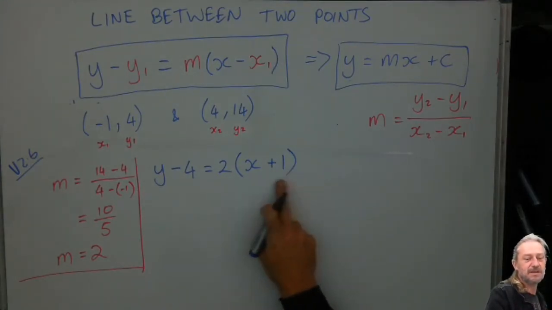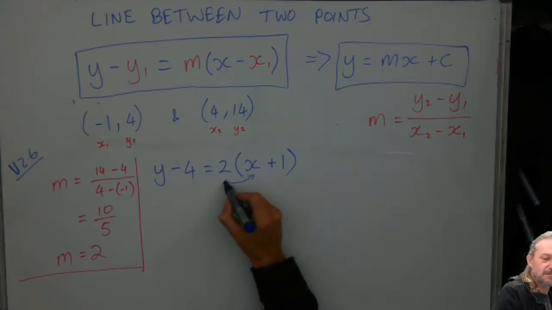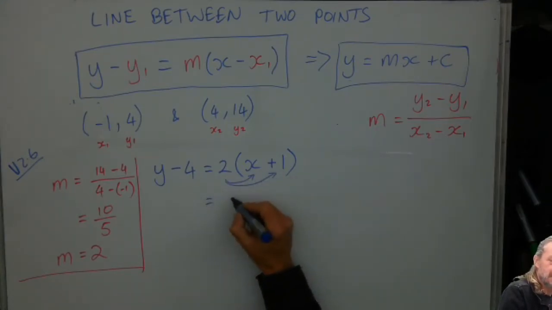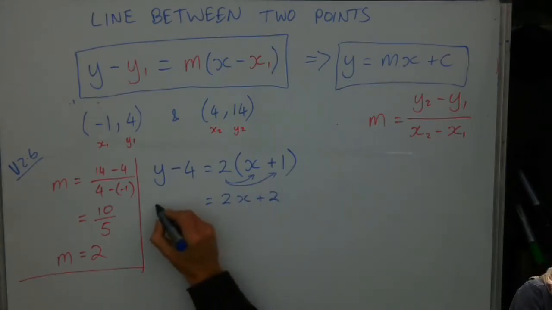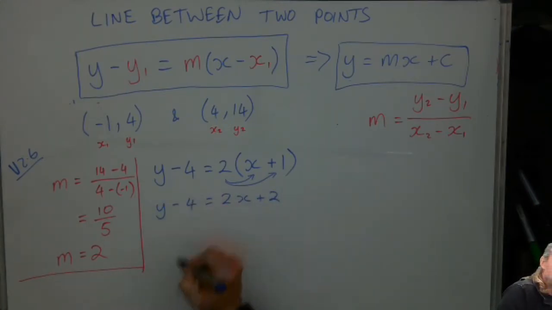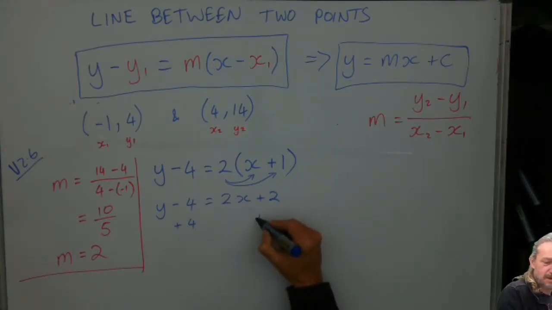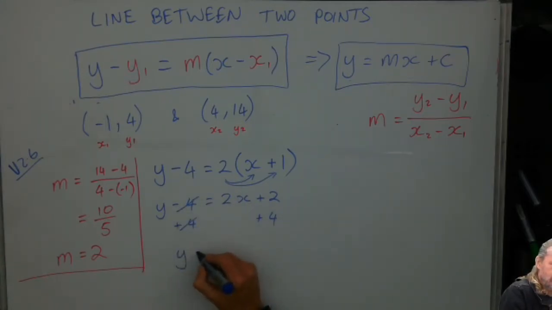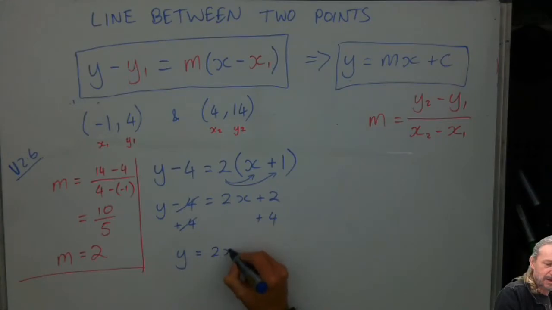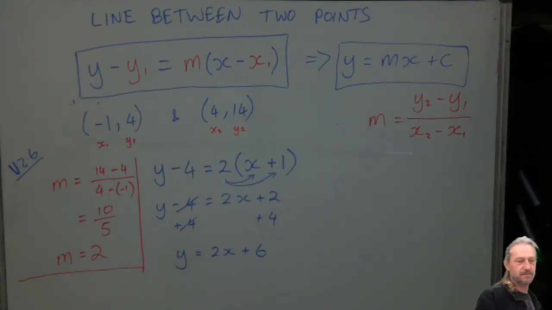Take away a negative is the same as plus. So the first thing I'm going to do is multiply out these brackets. So this is 2x plus 2, and that's still equal to y take away 4. Then we'll add 4 to both sides. So that cancels with that, and we get y equals 2x plus 6.